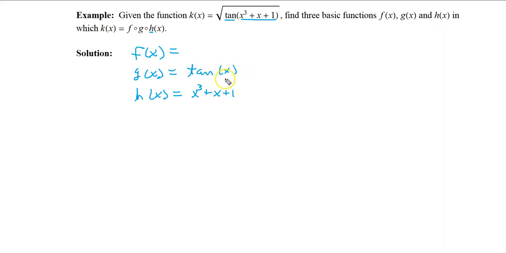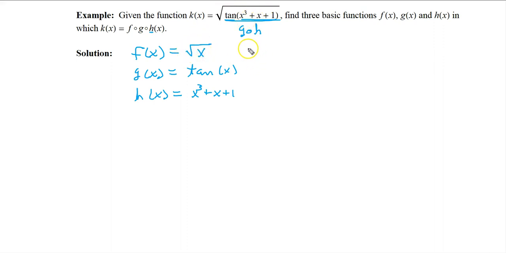And then notice if we do this, g of h will be the tangent of x cubed plus x plus 1. So this term right here will be g composed with h. Now what should we pick for the f of x? Well, the very outermost function, which is going to be the square root function.